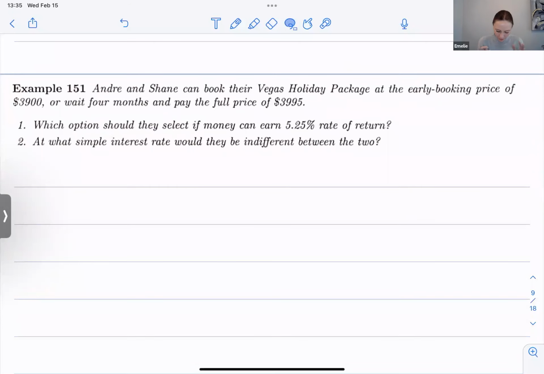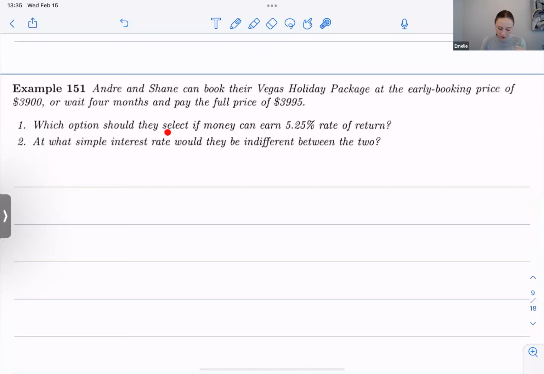Here's where we get into the important stuff. Well, a trip to Vegas. Andre and Shane can book their Vegas holiday package at the early booking price of $3,900 or wait 4 months and pay the full price of $3,995.